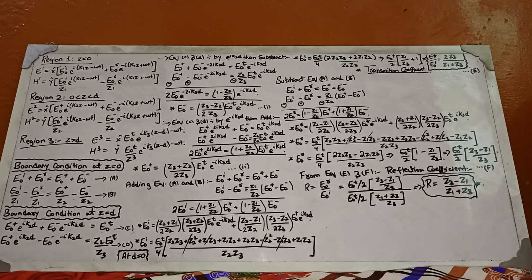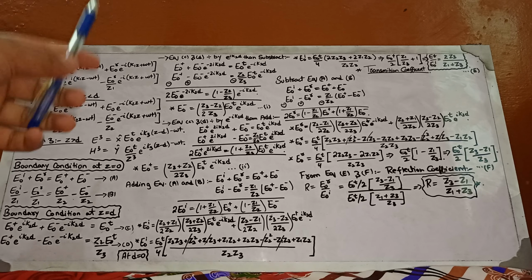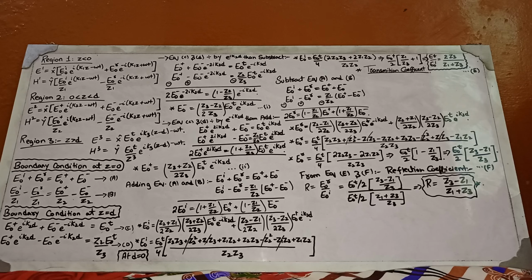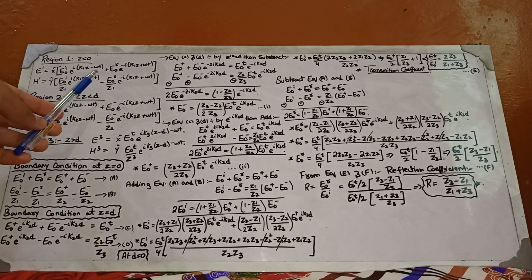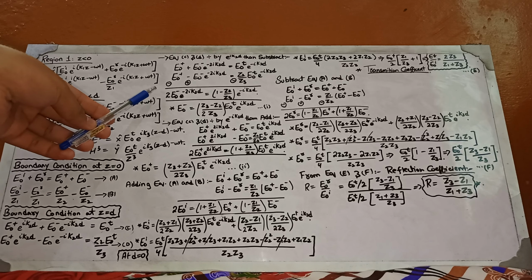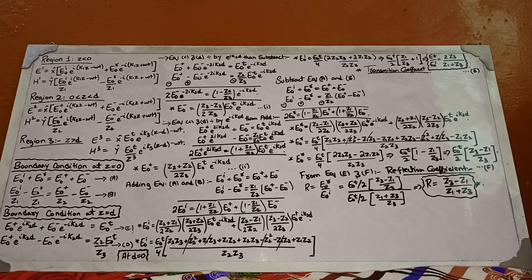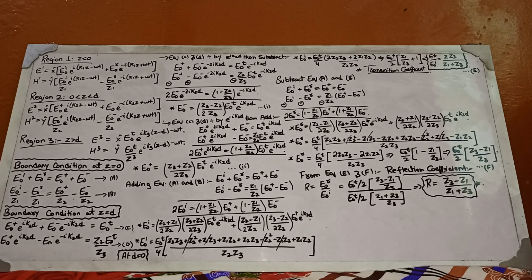So if your electric field is in the x direction and your wave propagation is always in the z direction, it is understood that your magnetic field direction is always in the y direction. But for the going wave, it is positive y. For the reverse, back wave, it is minus. We already know how you can find the direction of the magnetic field, either positive or negative, by the rule I already told in my previous lectures. You can watch from there.